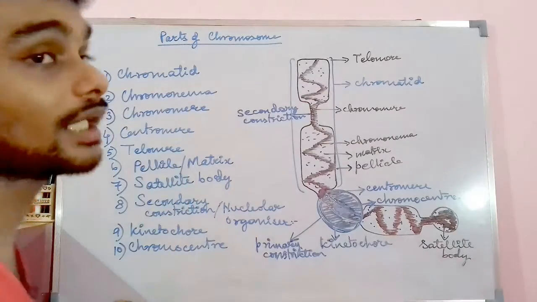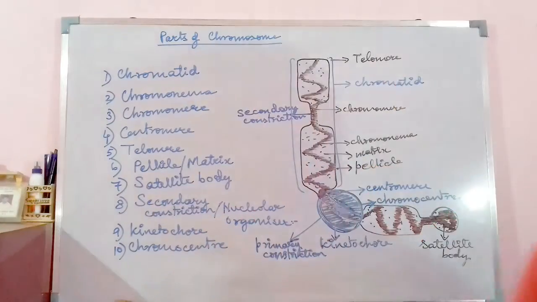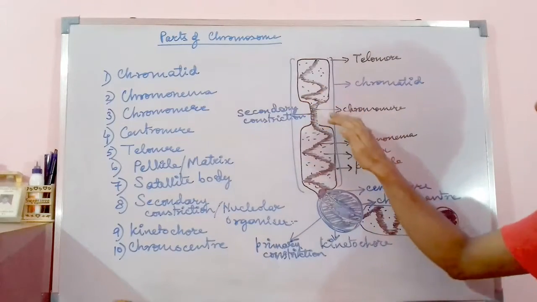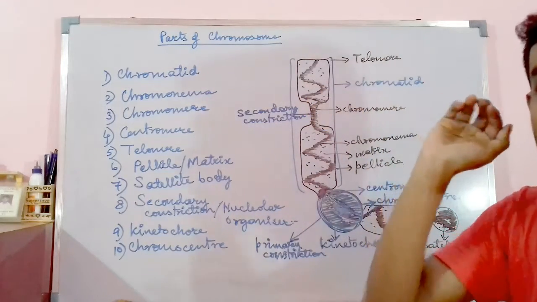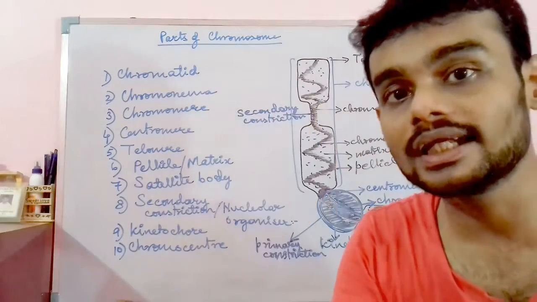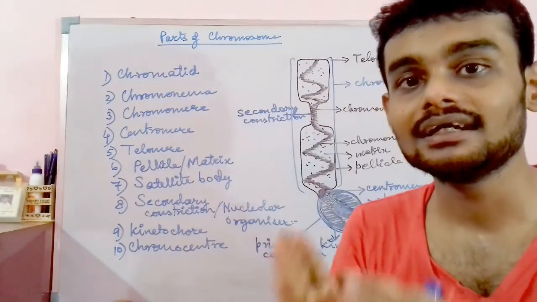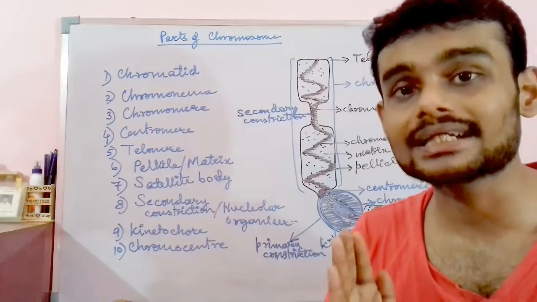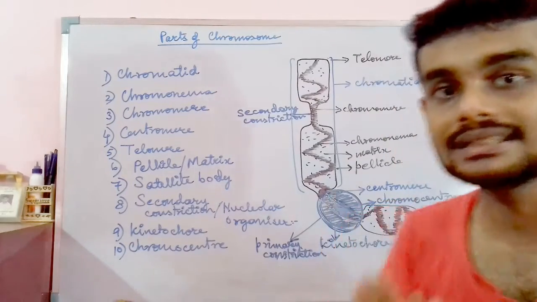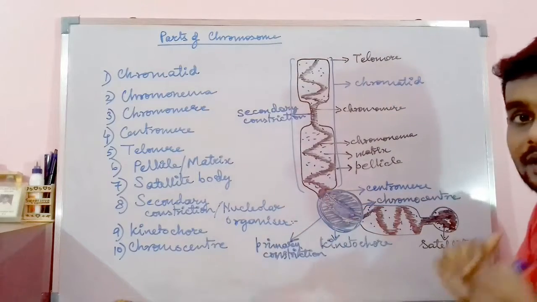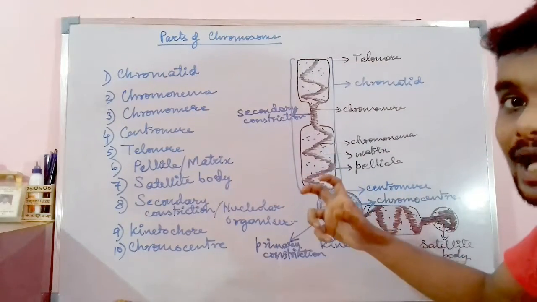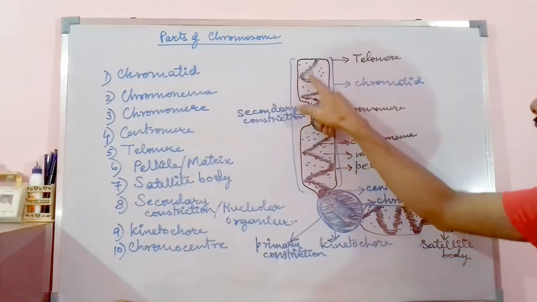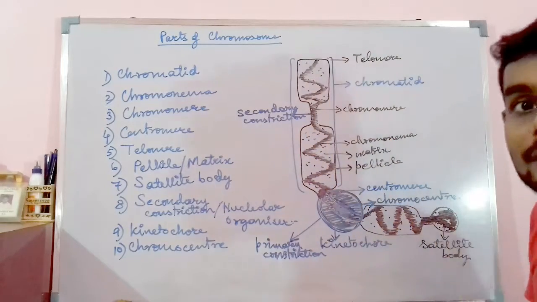Second, we have the chromonema. What is chromonema? Chromonema is nothing but the chromatin fibers. The chromatin fibers form a major dense coiling which is present inside the packaging of the chromatid arm or the chromosomal arm. Inside the packaging, the chromatin threads form a dense appearance of coiling, and this particular dense coiling is the chromonema.